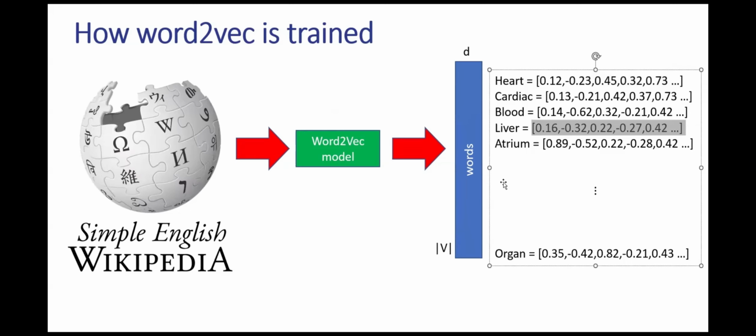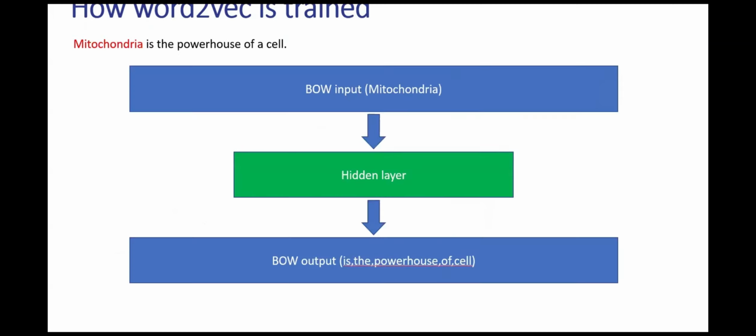So that's the goal here, that we want to end up with the same vector that's trained on all of these different articles on Wikipedia. Each word's vector is a unique representation based on its context within the corpus. And that's the idea behind how Word2Vec is trained.